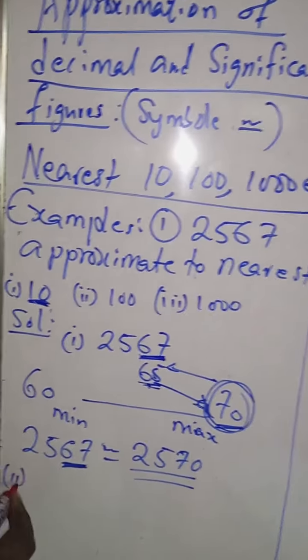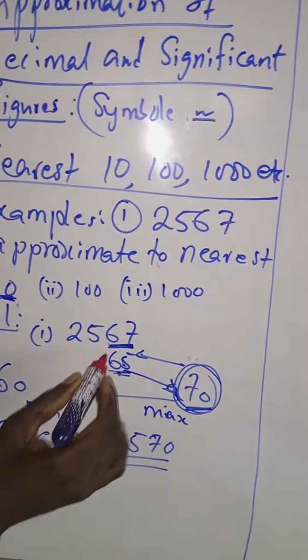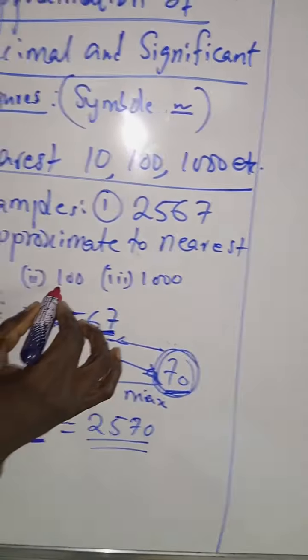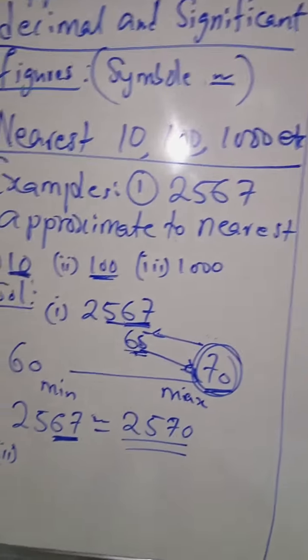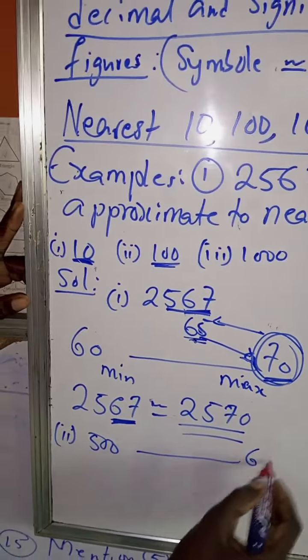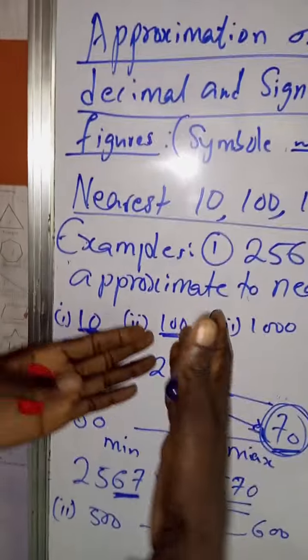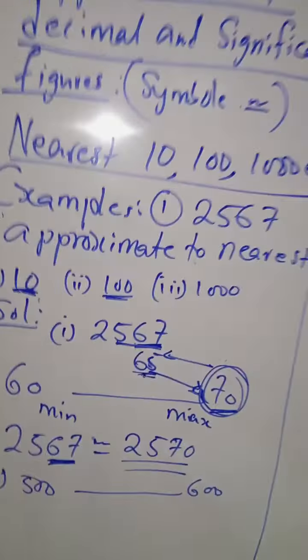Then let me move to nearest 100. For nearest 100, I am concerned with the last three digits, as 100 is three digits. That's 567, and it lies between 500 and 600. Since it's nearest 100, the gap is between hundreds.